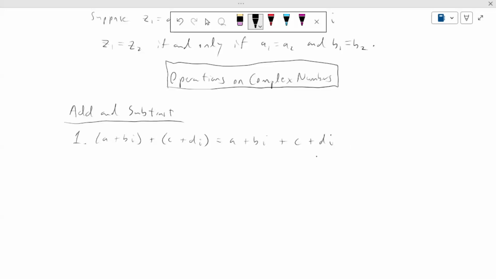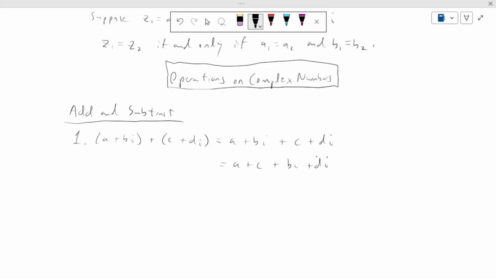Now this is the same thing as (a plus c) plus (bi plus di), so I have my real parts on the left and my imaginary parts on the right. I can do that because addition is commutative.